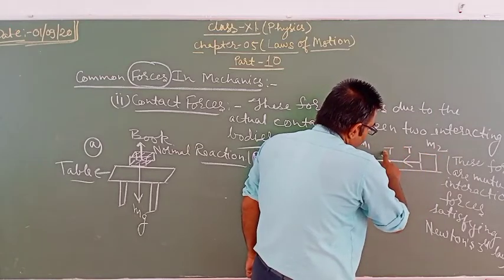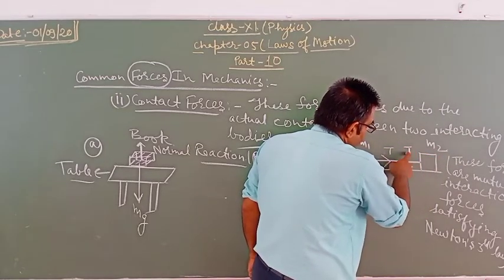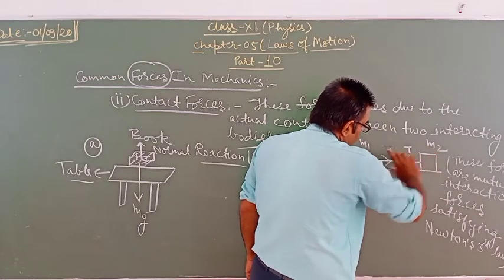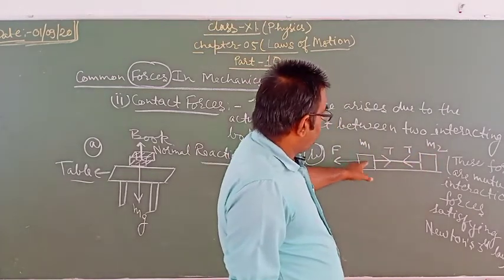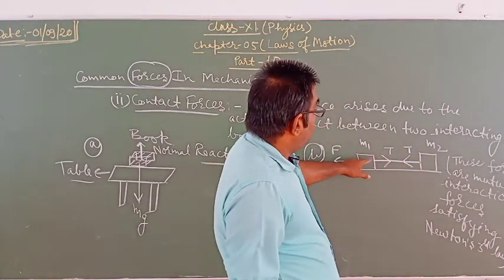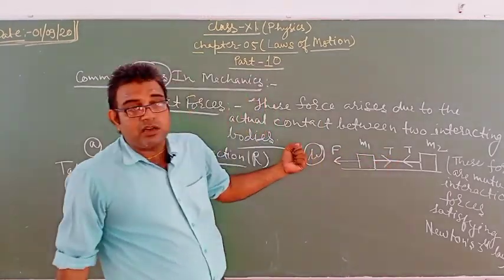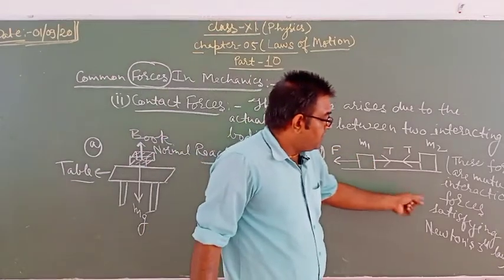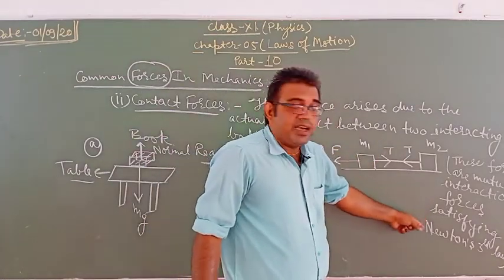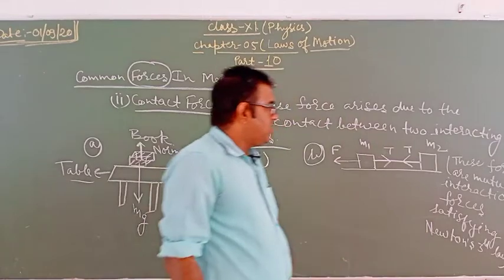Counterbalancing this tension, a tension is experienced by this block also. So these forces arise due to the mutual interaction between the two bodies when the external force is applied, and it is due to Newton's third law that every action has an equal and opposite reaction.